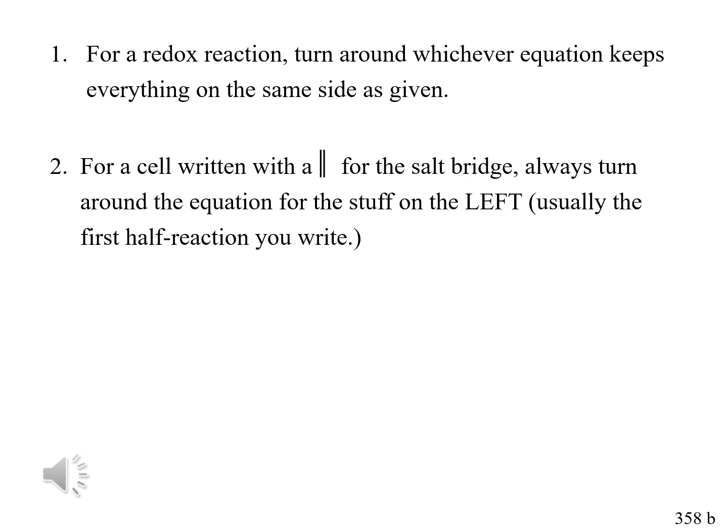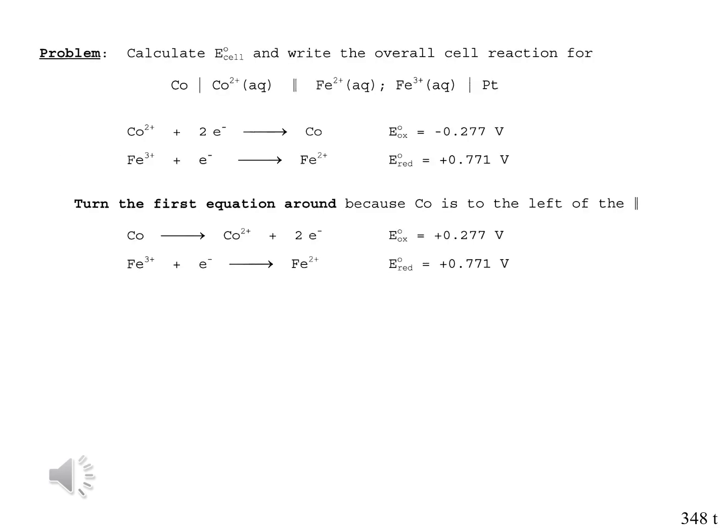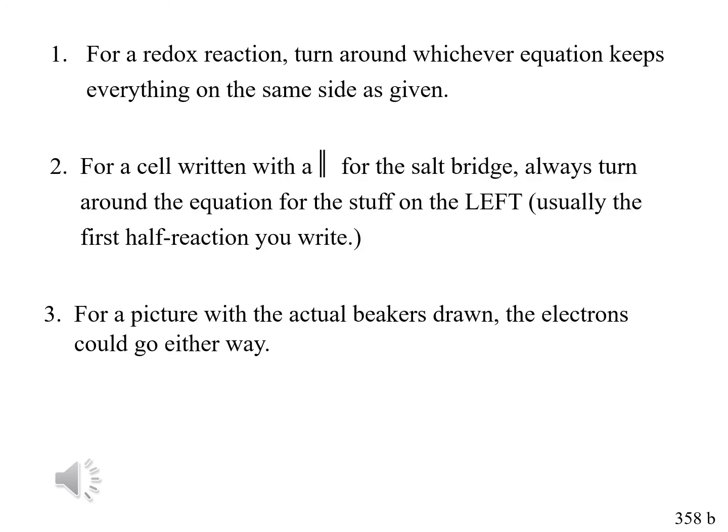The second one is that if you have one of those shorthands with a double line for the salt bridge, you always turn around the stuff on the left, which is usually the first half reaction you write. Here's one of those problems, and I turned around the cobalt because that is the stuff that's on the left of the double line. Today we have the third rule, that if you're given beakers that are drawn actually the way they look, the electrons could go either way.